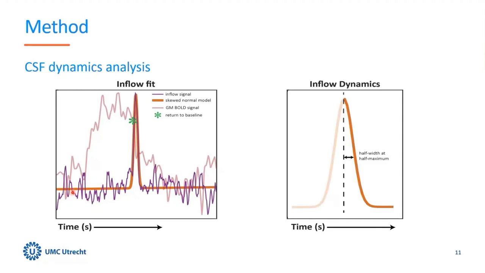And then we took the half width at half maximum from this distribution. And as we're only really interested in what happens after the volt signal returns to baseline, we only looked at the half width at half maximum for the second part of this CSF inflow curve.